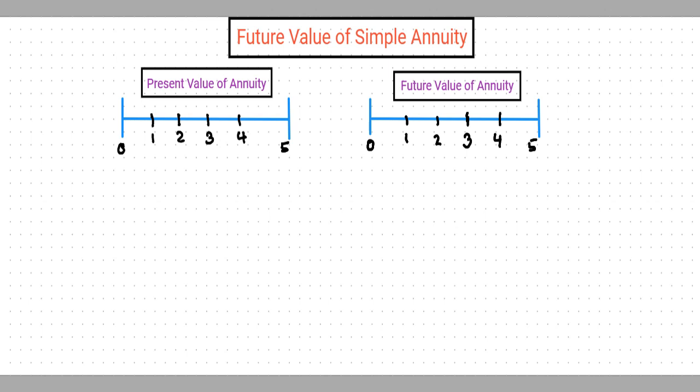In case of a present value of annuity, we are receiving certain amount of cash flows at the end of a period for, suppose, the next 5 years.